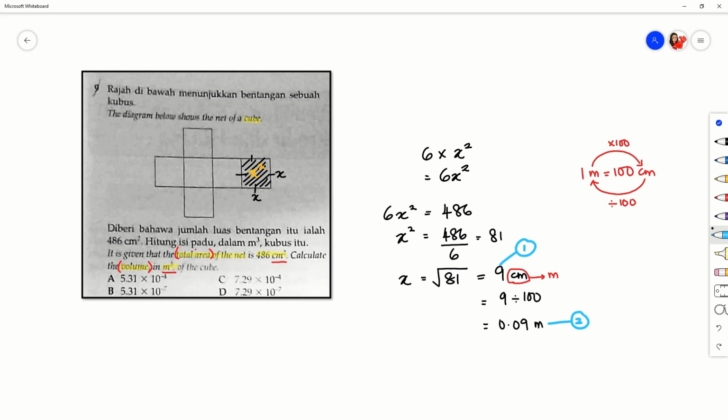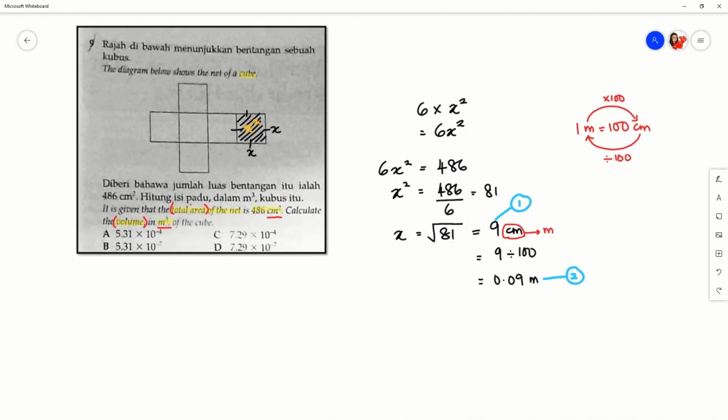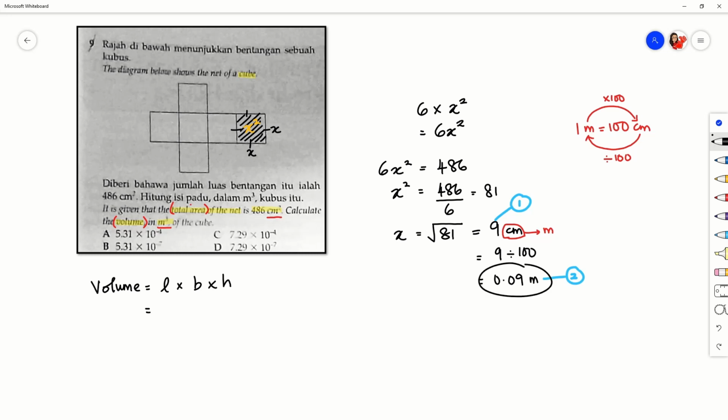Now our final job is to find the volume of the cube. The volume of a cube is length times breadth, or width, times height. And we know that the length, the breadth and the height are all the same length, which is 0.09 meters.